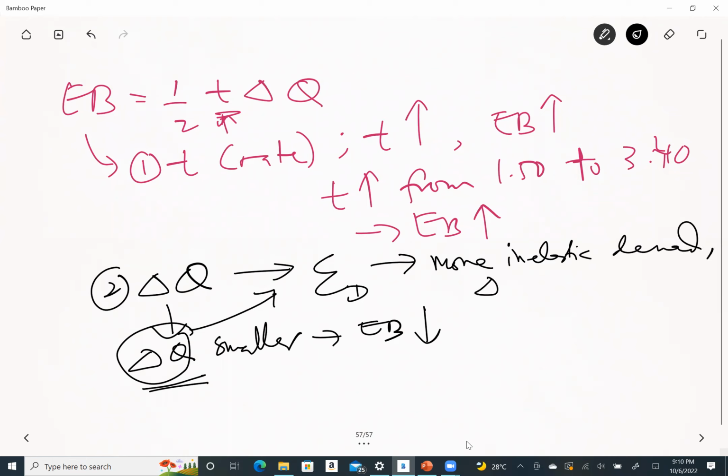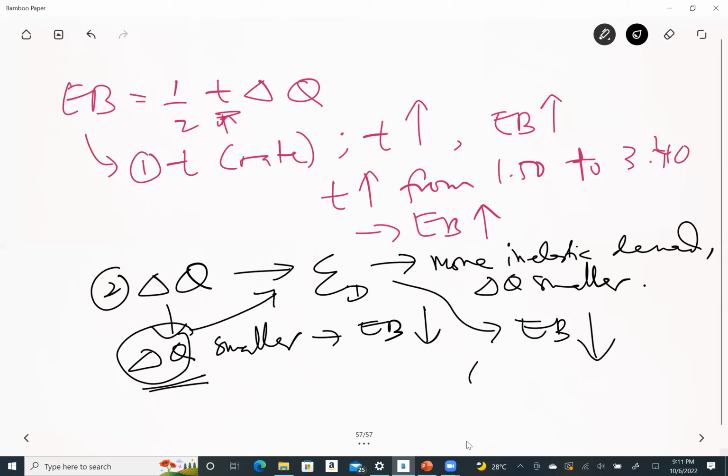Then the delta Q is smaller. Okay, so we can deduce the smaller the delta Q, that means the demand is more inelastic. So if the demand is more inelastic, then what about the excess burden? Excess burden will be reduced.